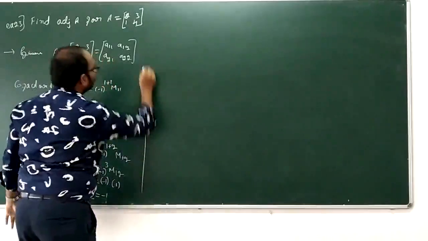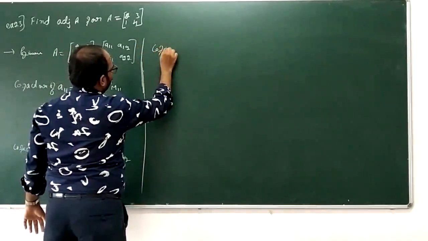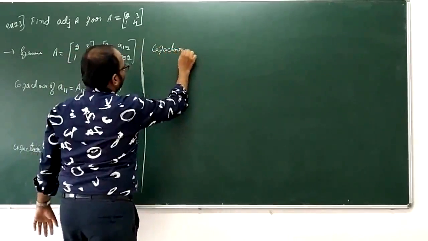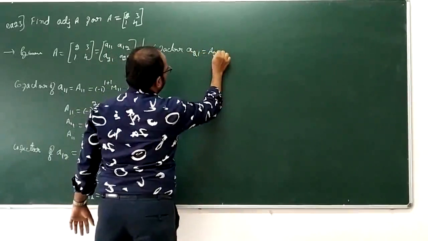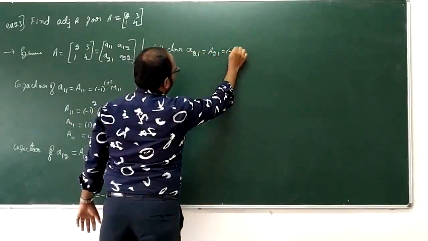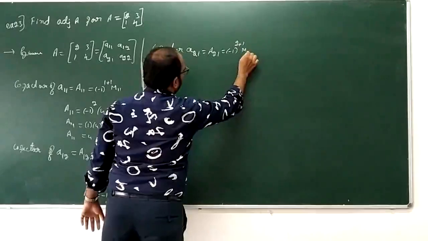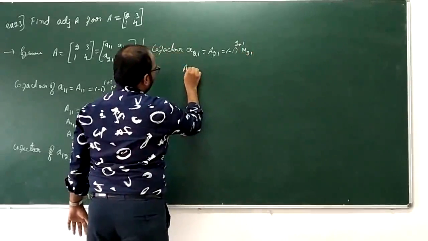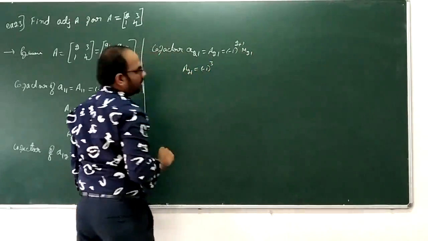Next one, cofactor of A21 is equal to minus 1 to the power of 2 plus 1 into minor of 21, that is minus 1 to the power of 3 into minor of 21.